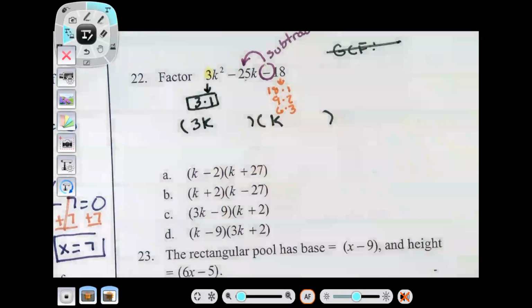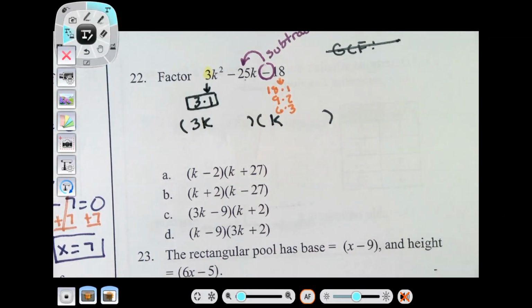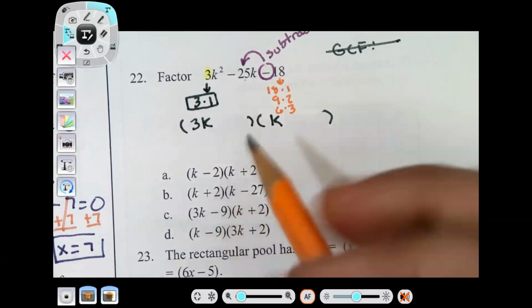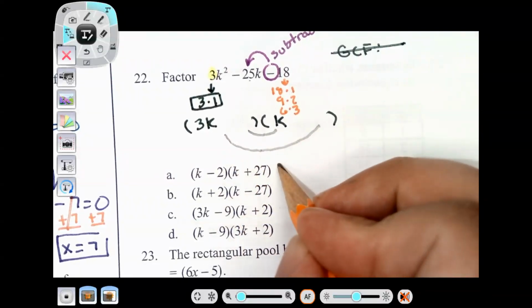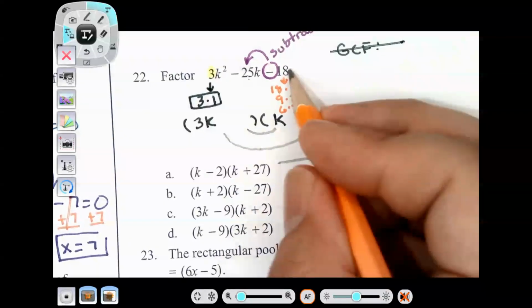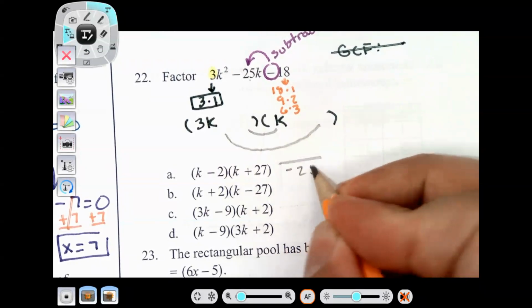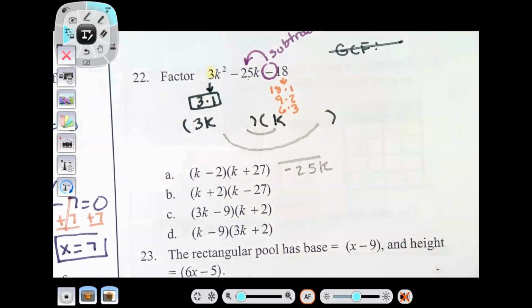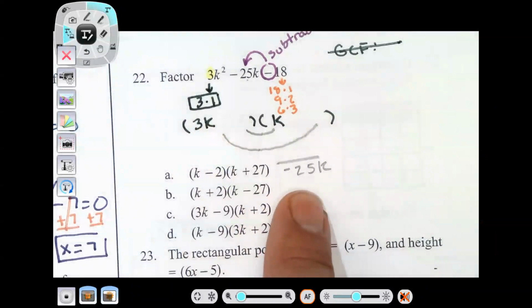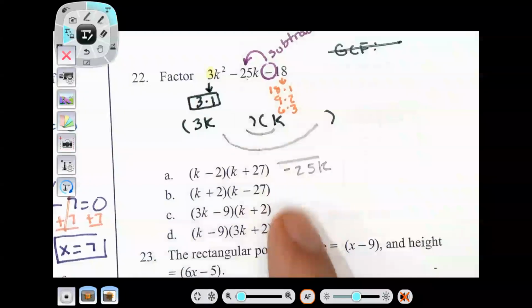And not just a 25, a negative 25. So remember what that means. When I'm doing my checking, these numbers have to make negative 25 with subtraction. So I need some big numbers coming my way. I'm trying to get bigger than 25 because I'm going to subtract.